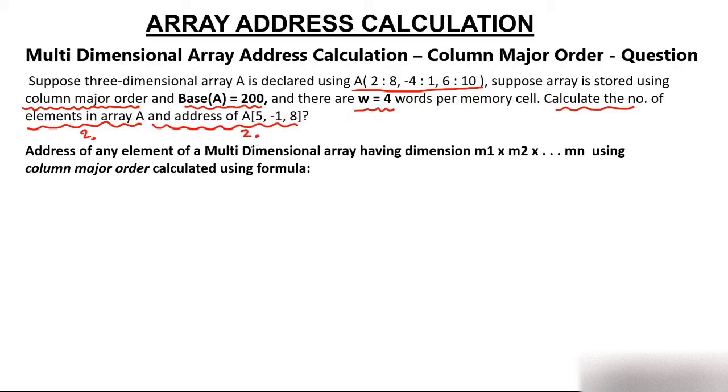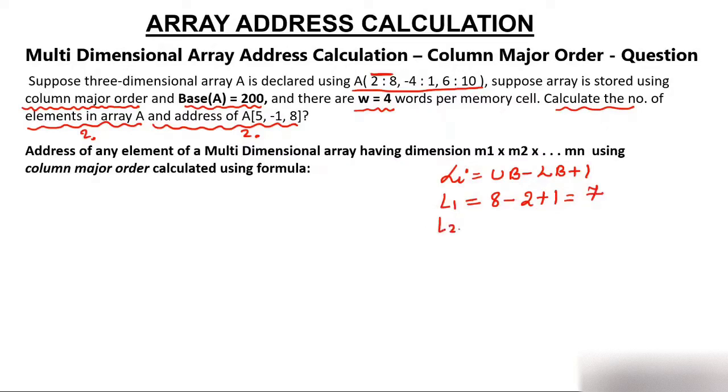In order to calculate the number of elements, we have to calculate the length of each dimension. So we have 3 dimensions, 1, 2, 3. So calculate the length. And what is the formula of length? We have just seen Li is equal to upper bound minus lower bound plus 1. Now if you want to calculate L1, then the first dimension upper bound is 8 minus lower bound 2 plus 1, which gives you 7.